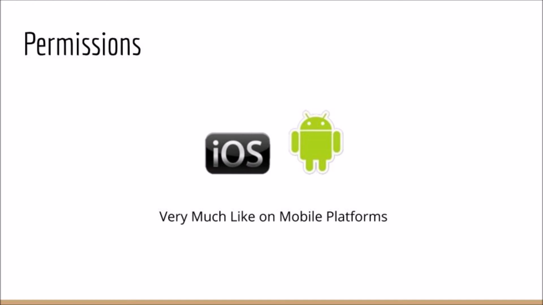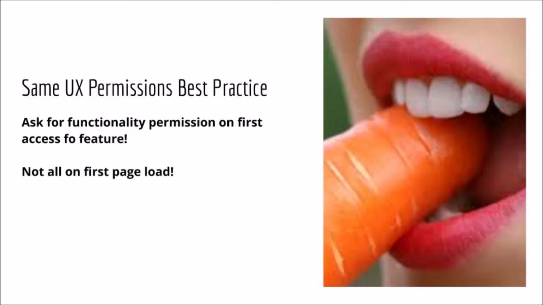On the web, requesting permissions has the same user experience best practices as on the native application. Ask for them when they are truly needed, not on first page load. Today, there are a ton of stuff that is poked to the eyes of the users.